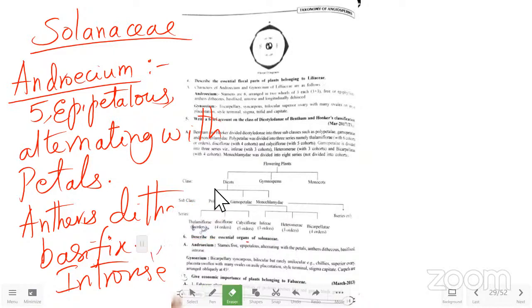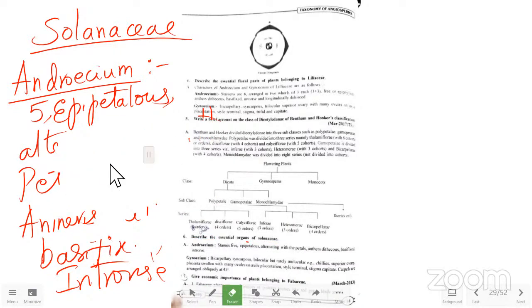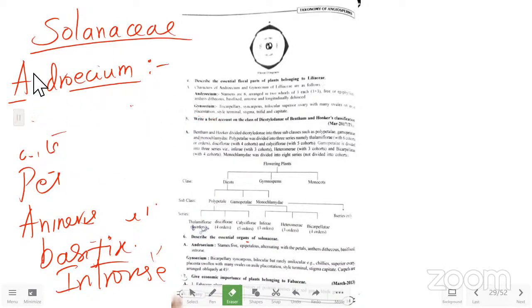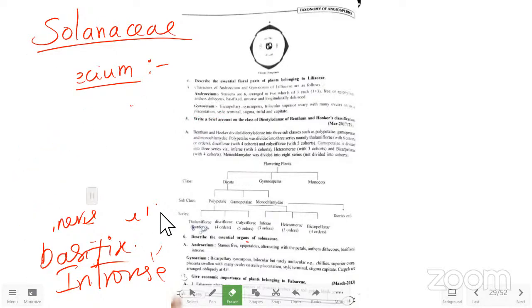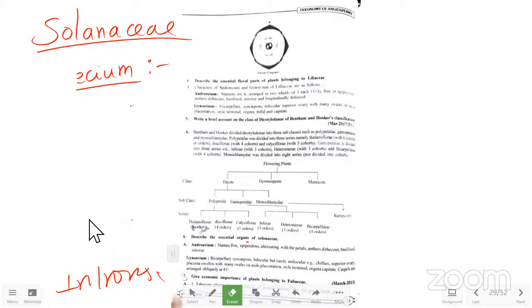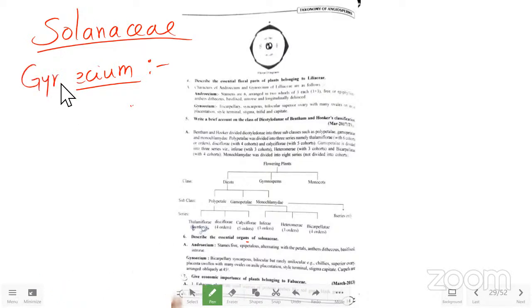Now comes the gynoecium. Gynoecium means the female reproductive part. In the gynoecium, we have to write about the carpels and the ovule.